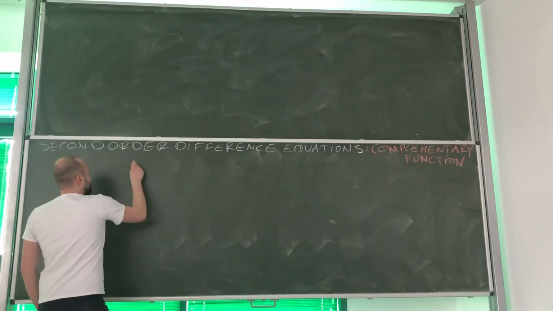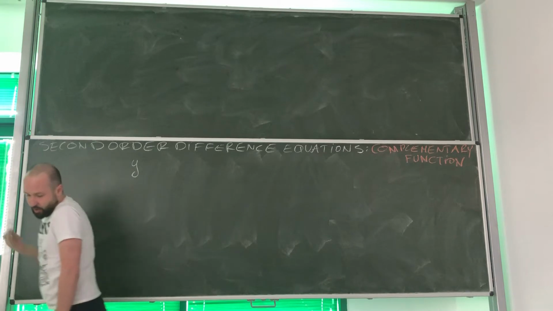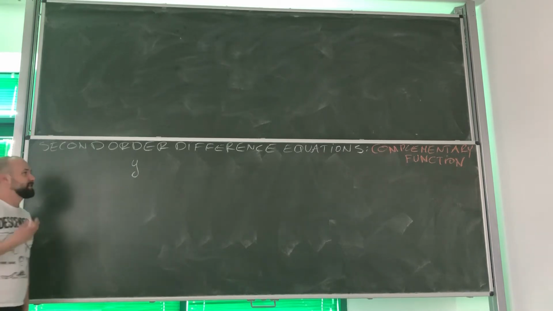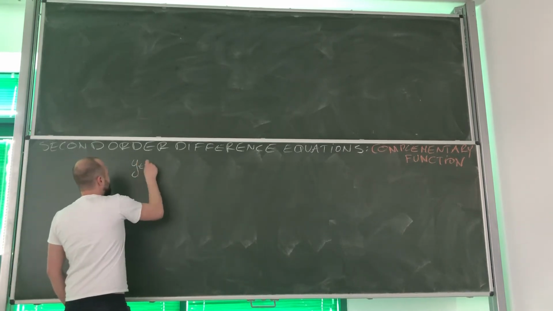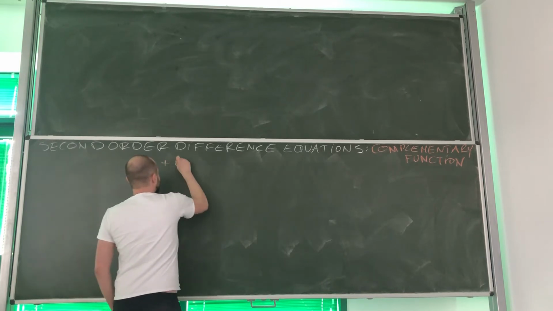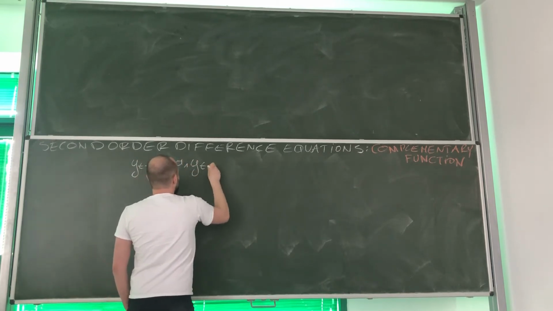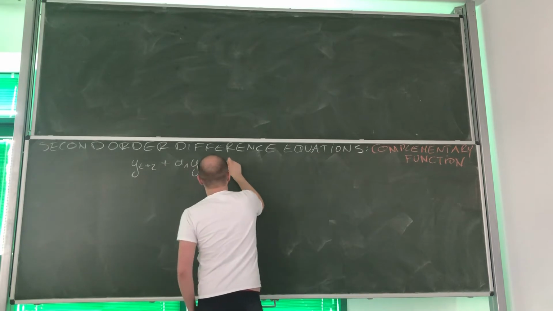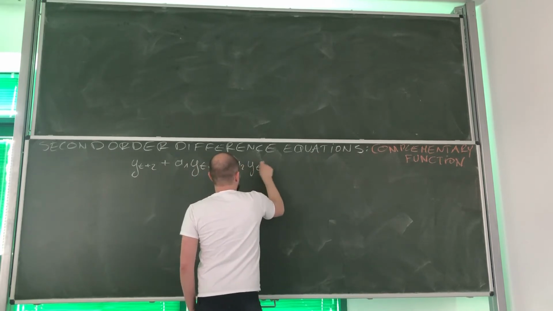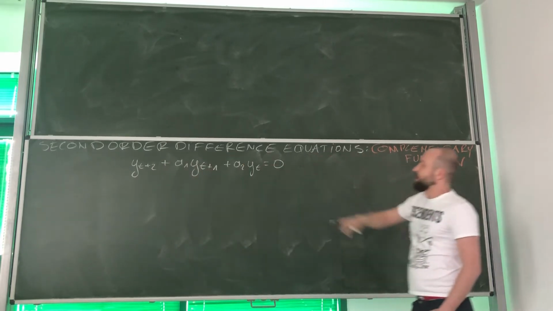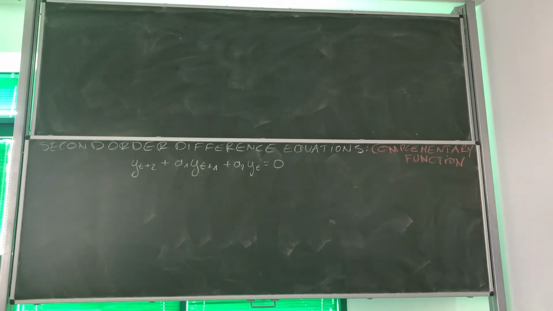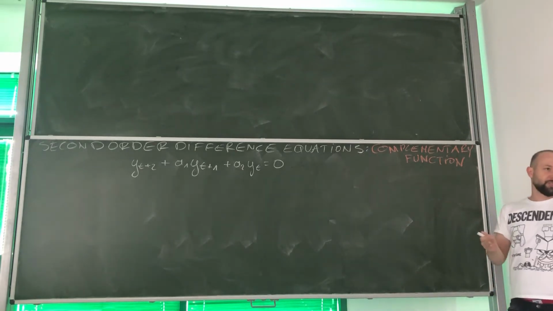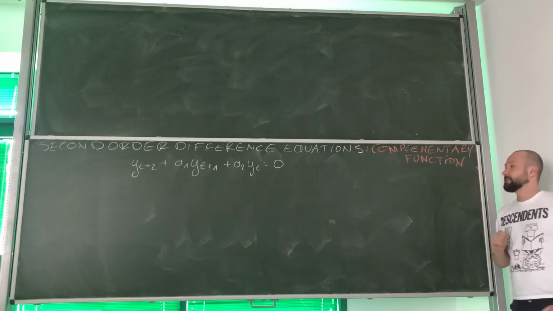Okay, so look. As we always do, in cases of finding complementary function, all we need to solve is the homogeneous equation. Homogeneous, of course, in a sense that on the right hand side we do not have any term, just 0.